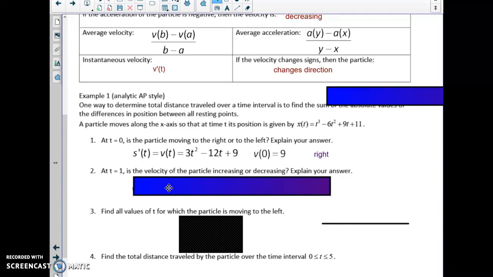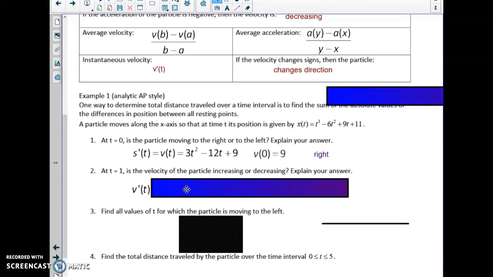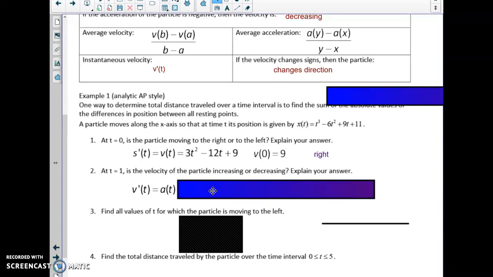So in order to figure that out, we're going to take the derivative of the velocity. We need the acceleration. So find the acceleration, which is just the derivative of this, 3t squared minus 12t plus 9. So that derivative is 6t minus 12. And we want to know, is it increasing or decreasing at time equals 1?